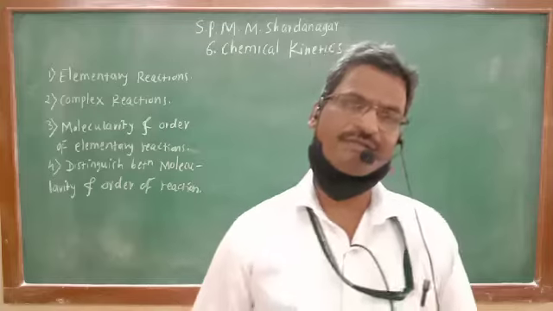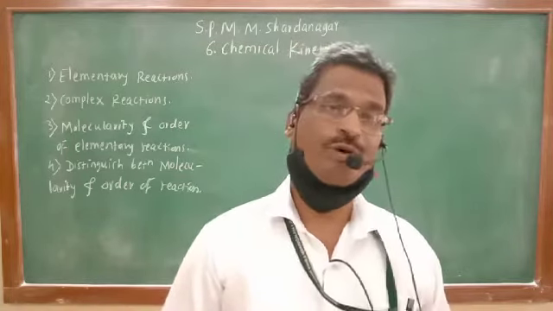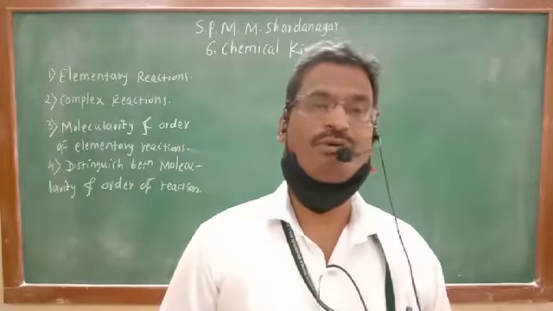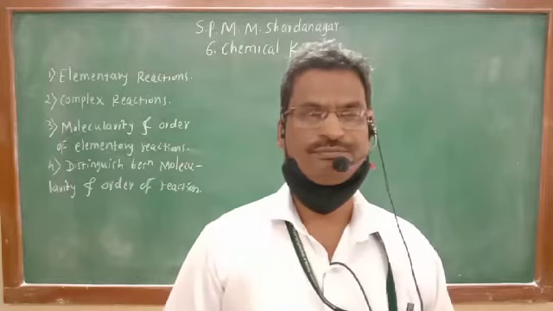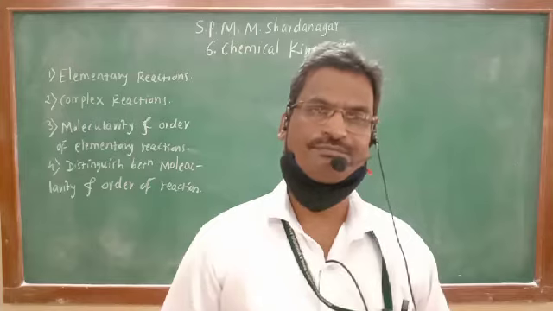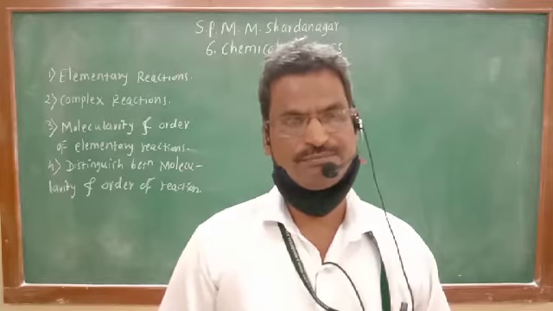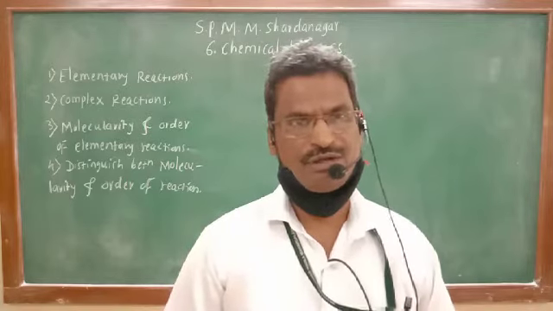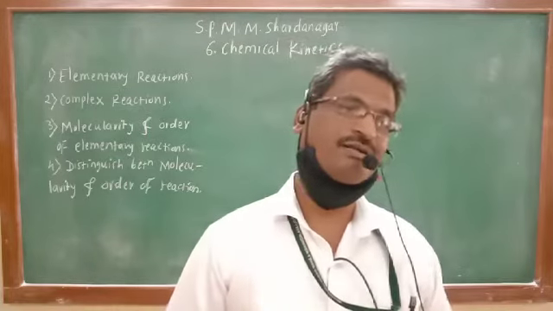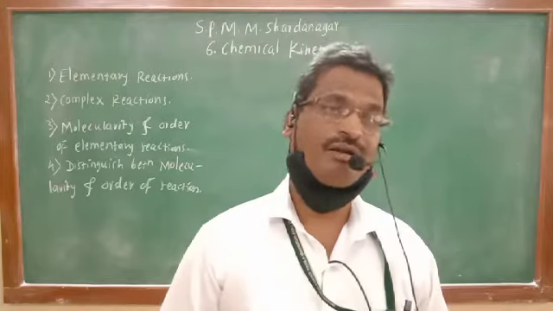In some, order may be 0 with respect to one component and 1 or 2 with respect to another component. And then we have seen one numerical example of how to calculate the rate constant if rate of reaction and concentrations of reactants are known.